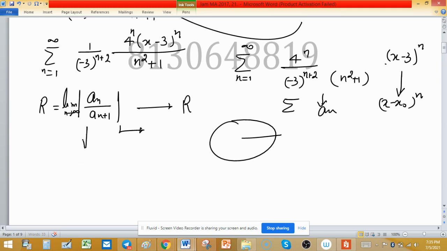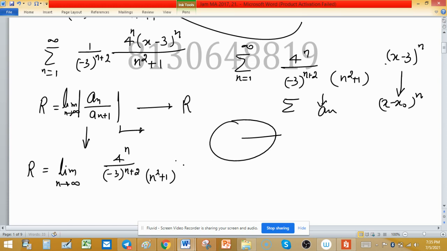So the limit, r the radius of convergence, is the limit as n tends to infinity of 4 raised to the power n over (minus 3) raised to the power n plus 2 and n square plus 1. This is the value of a_n.